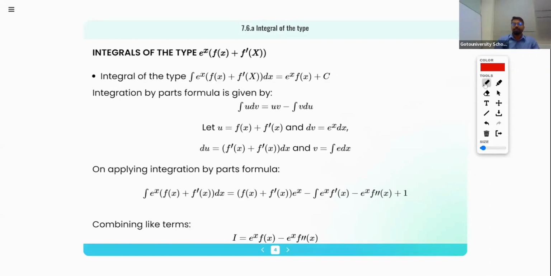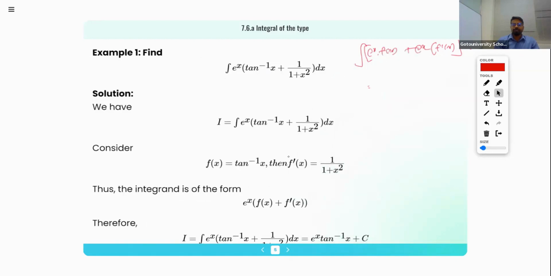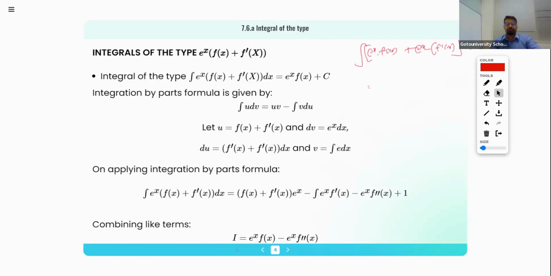Whenever you have an integral of this form, the integral of e power x into f of x plus e power x into f dash of x, the entire thing with respect to x, this will be directly equal to e power x into f of x.